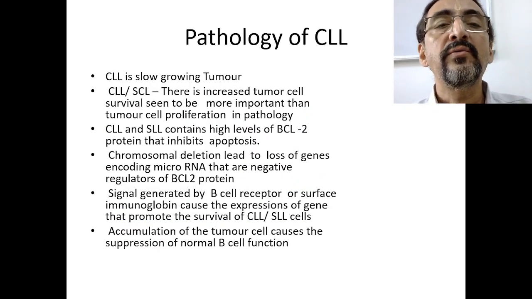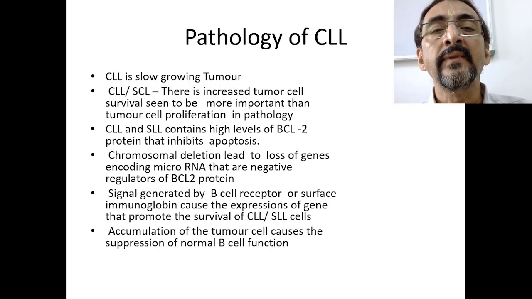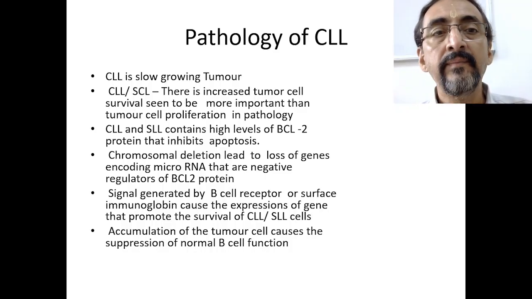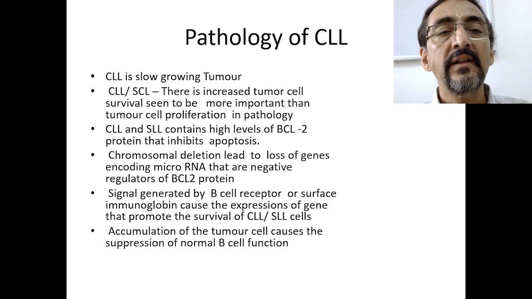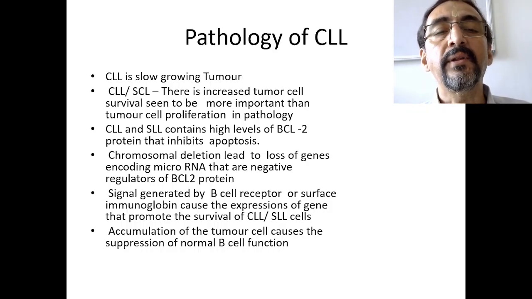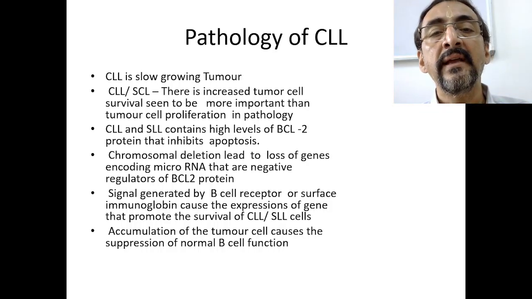Now, if you are looking into the pathology of the CLL, CLL is a slowly growing tumor. In CLL or small cell leukemia, increased tumor cell survival seems to be more important than tumor cell proliferation in its pathology.